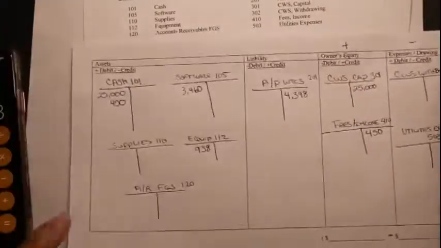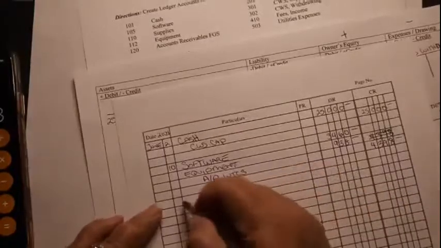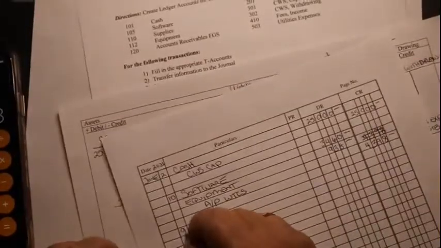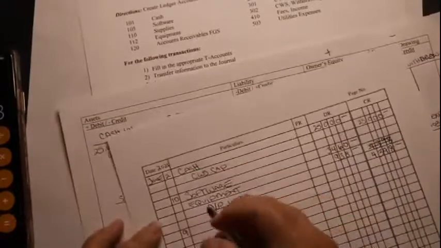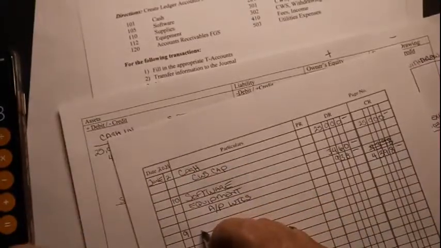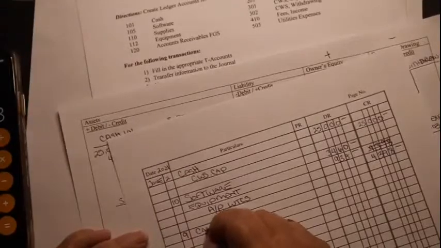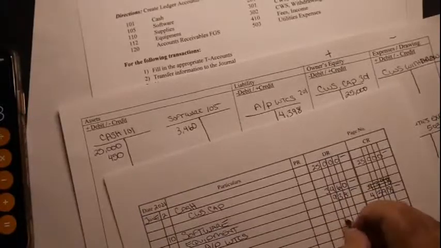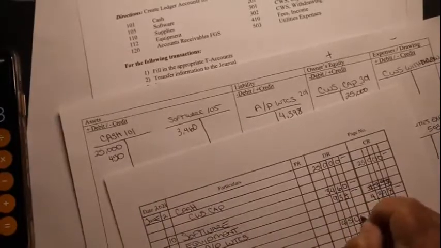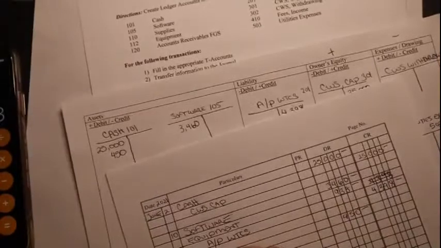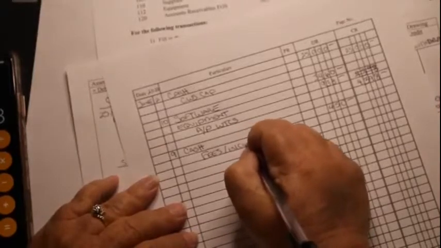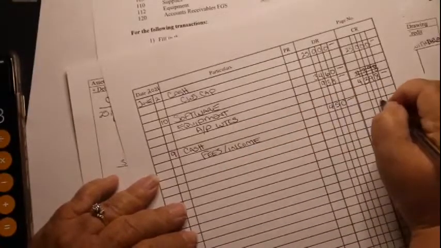Okay. Bring the journal over. The date. The date is June 9th. That should have been the other way, that's okay. Cash got debited. $450. And then fees, income. $450.